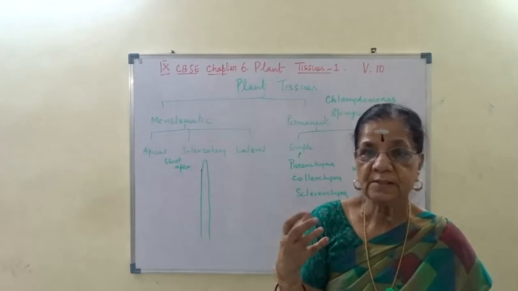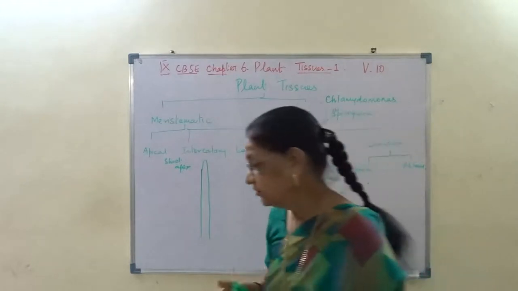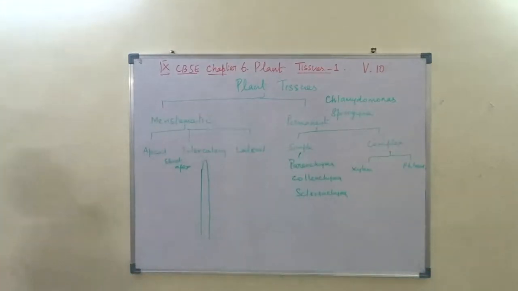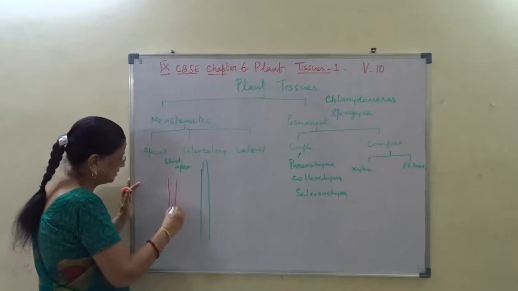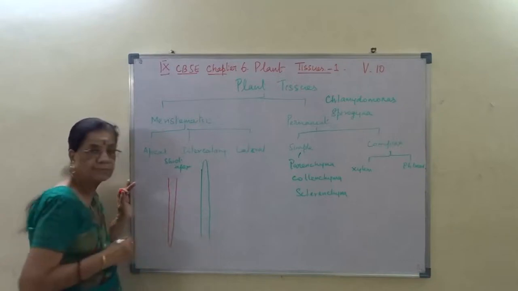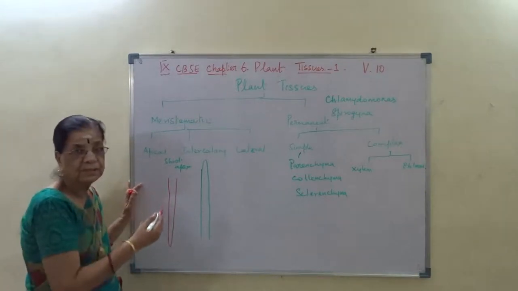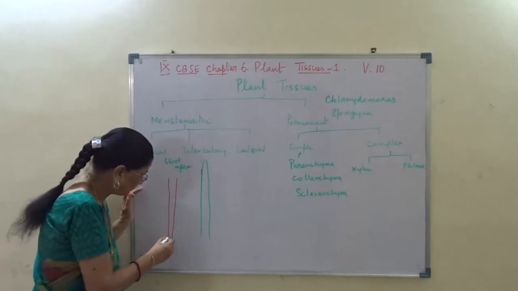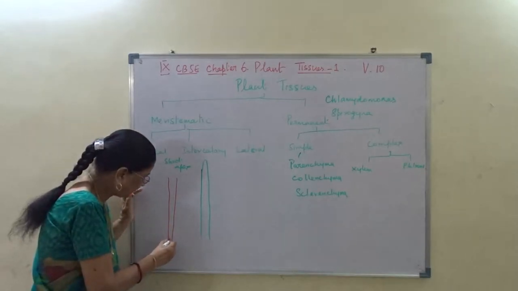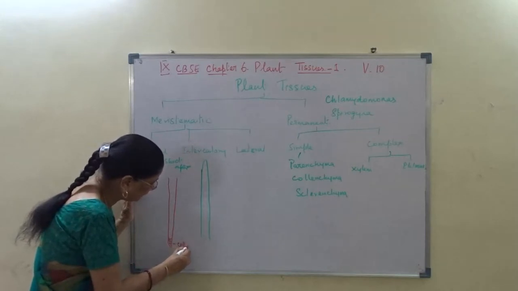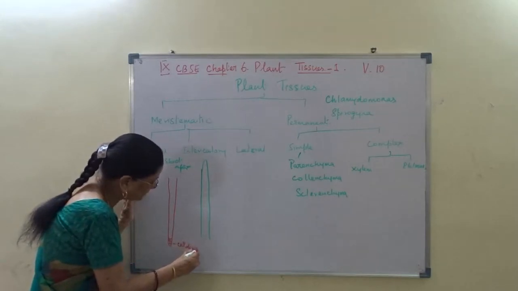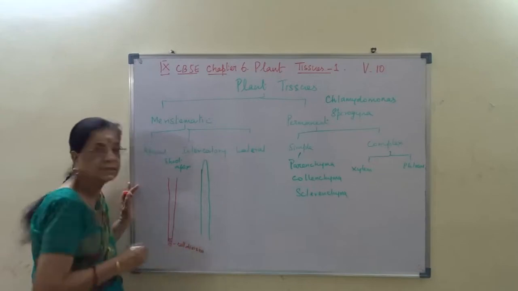I hope you understand. Say for example, I'll show you this root tip region. The stem tip is not shown, but this is easy for us. So this is the region of cell division.